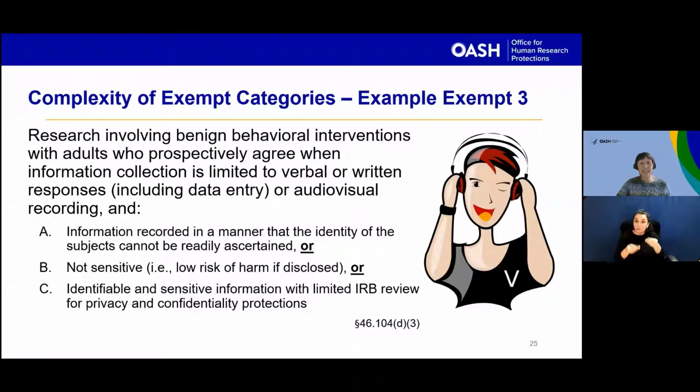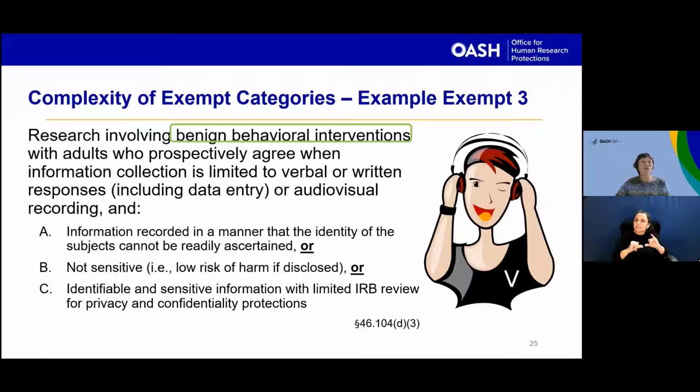This is the exact text in the common rule. If you're not familiar with this kind of language, this must be driving you crazy. What exactly does it mean? And I also want to point out, benign behavioral interventions. What does that mean? Are there policies written about this? Actually, they've not been published.